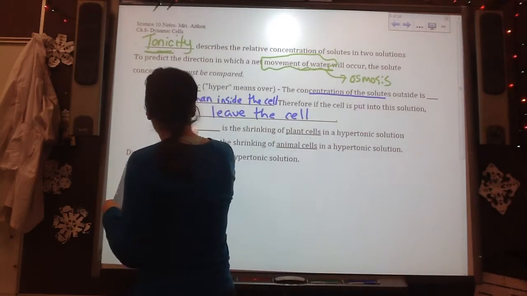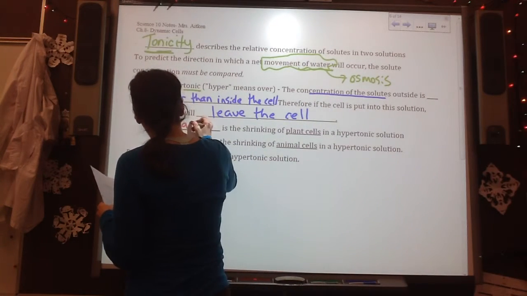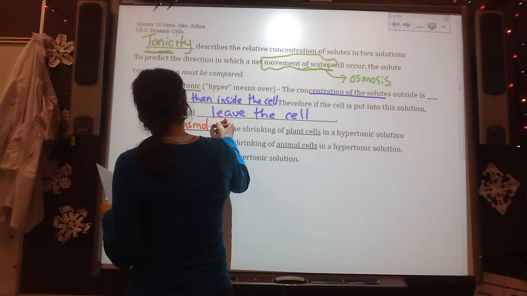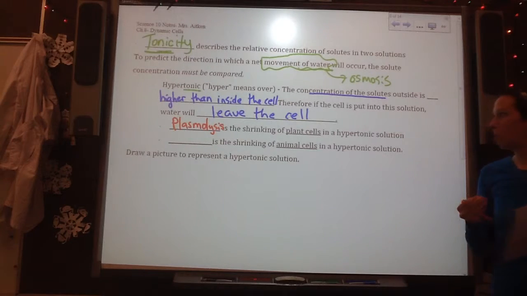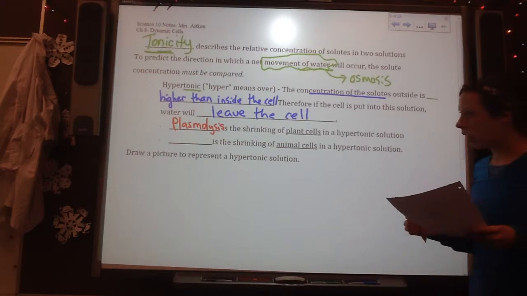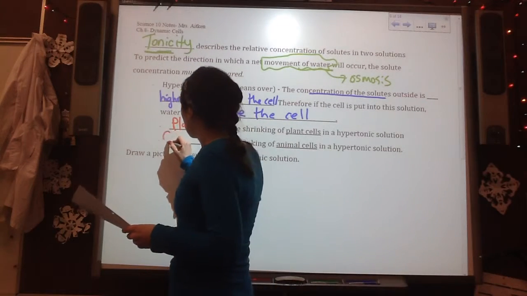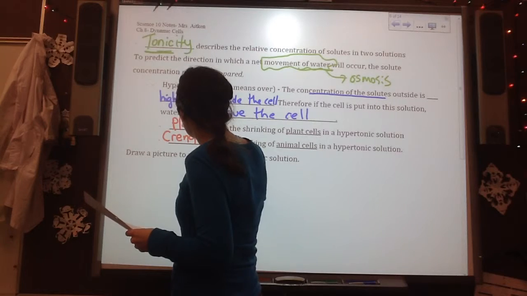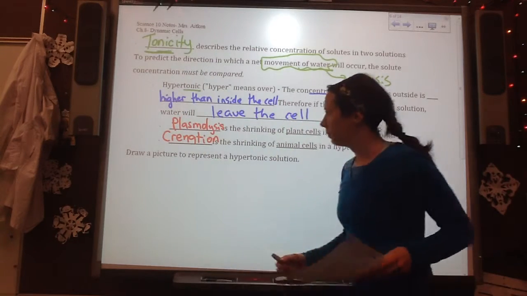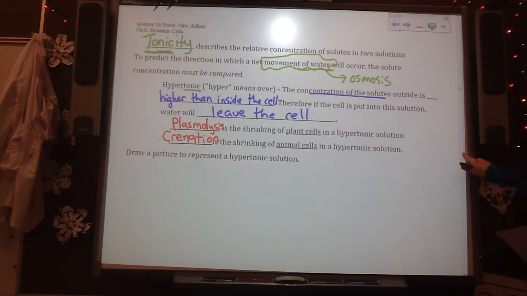So when it happens in plants, it's called plasmolysis, the shrinking of plant cells in a hypertonic solution. And crenation, C-R-E-N-A-T-I-O-N, is the shrinking of animal cells.